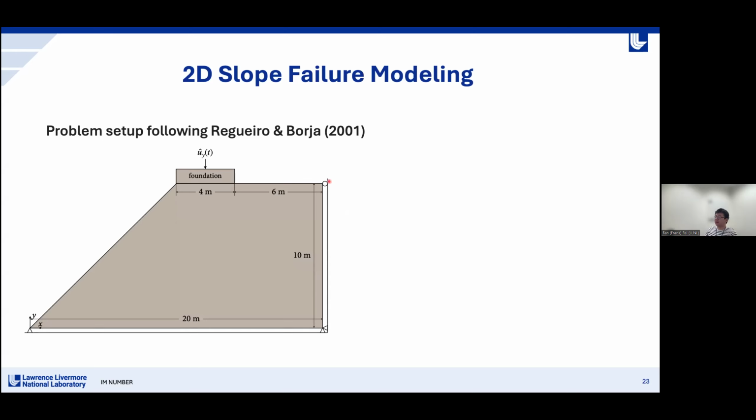So we have done some verification for this model with a classic fracture mechanics problem and further apply this method to a slope stability problem, as you can see on the screen. So the problem setup is originally from this paper, where they used the embedded finite element method to model the growth of the slip surface when subject to this compression load on the rigid foundation.